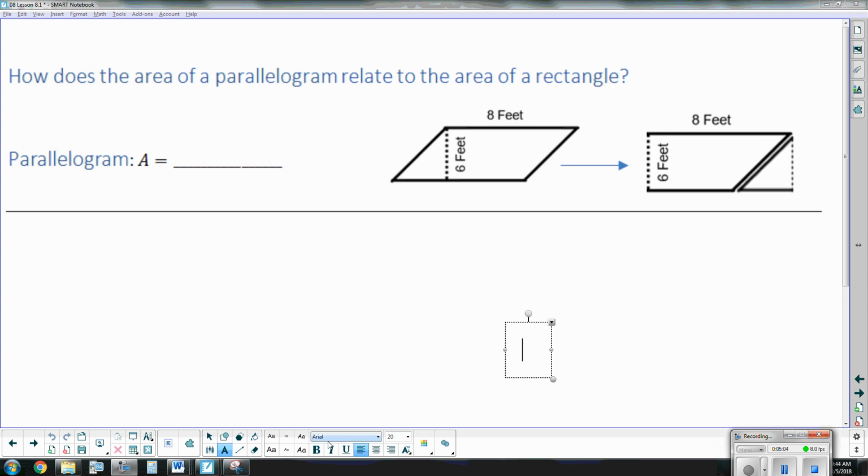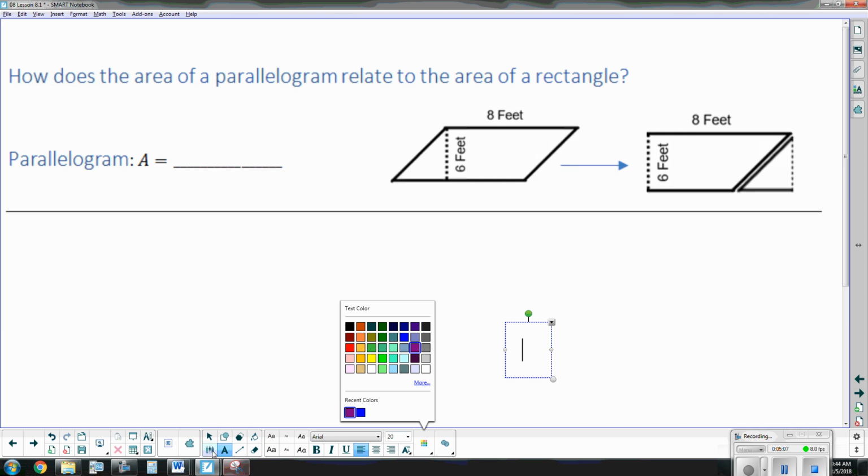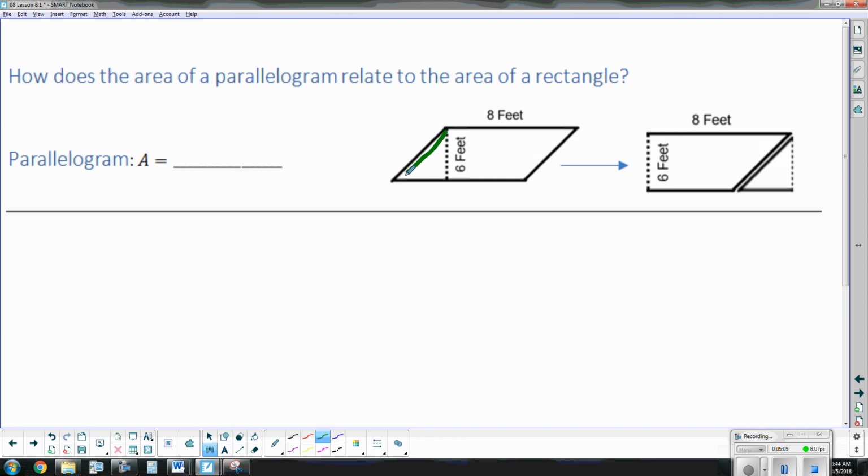So if you think of this parallelogram, if you cut off this little triangle here and you moved it over here, we would have a rectangle. So the area of a parallelogram is the same as the area of a rectangle, which is base times height.